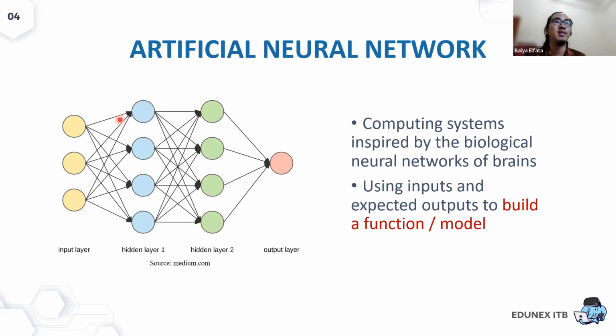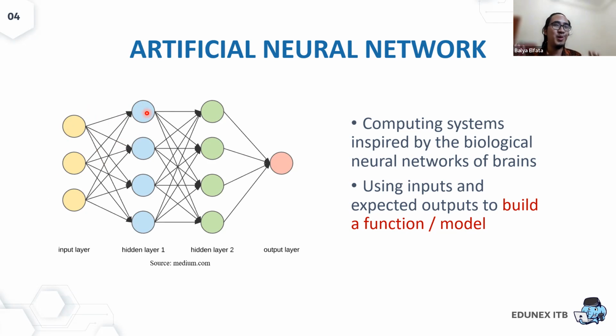And these lines are the connectors, where each line will have a weight. Like this, we have input 1, input 2, input 3. Input 1 will be converted into this by a certain percent, input 2 to this, and input 3 to this first hidden layer by a certain percent.